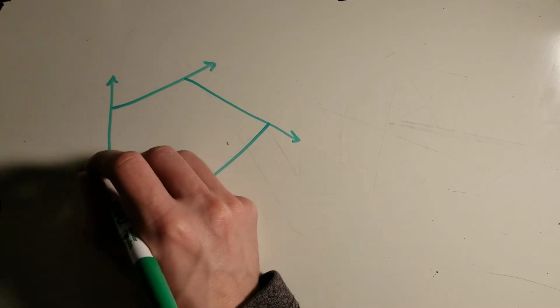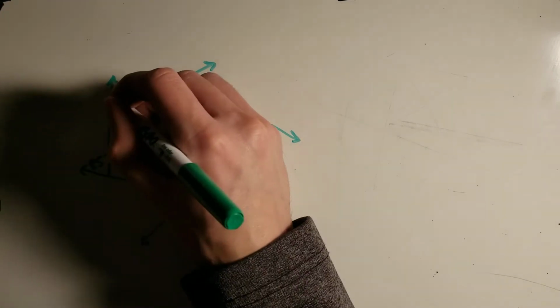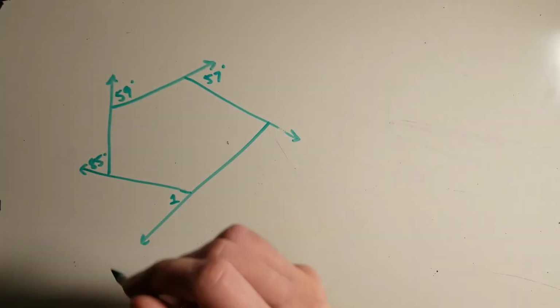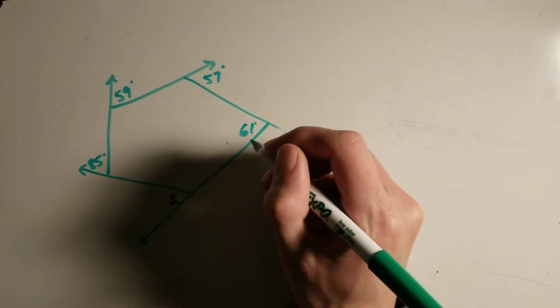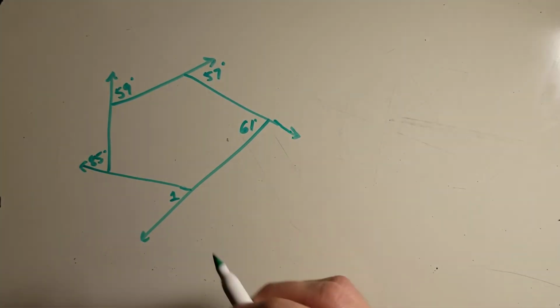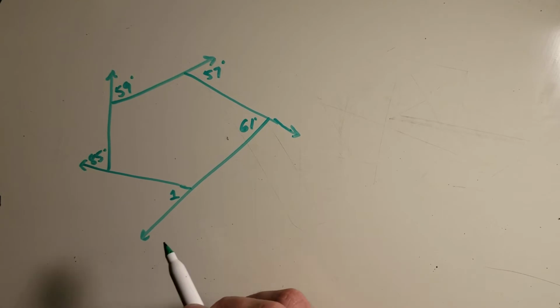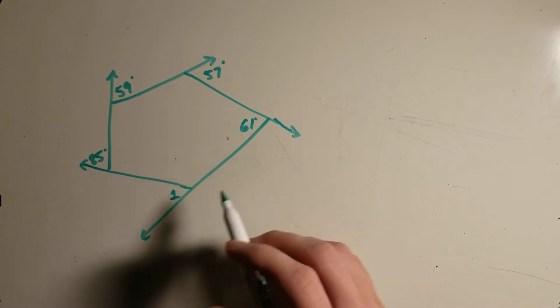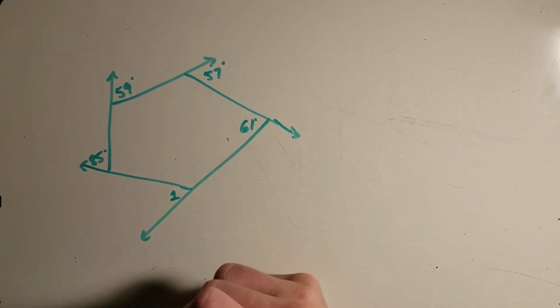This angle is 85 degrees. This angle is 59 degrees. This angle is 57 degrees. And this angle is 61 degrees. Again, we have a pentagon, 5 sides, 5 interior angles. Our goal is to find the measure of angle 1.